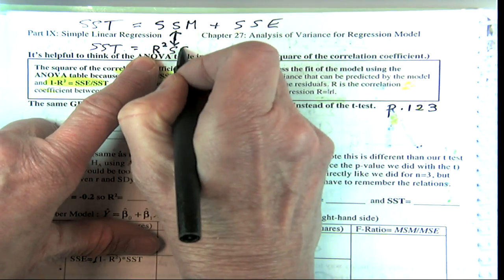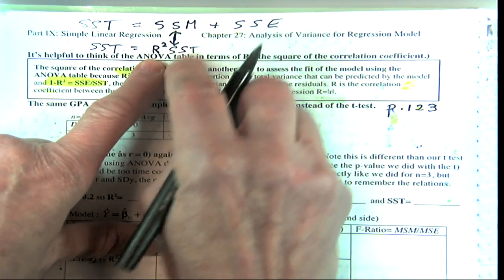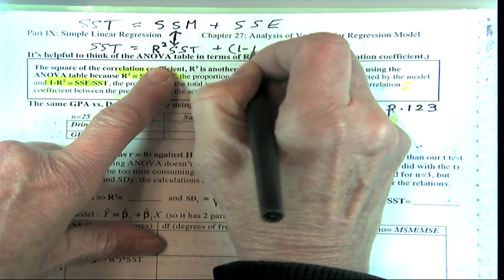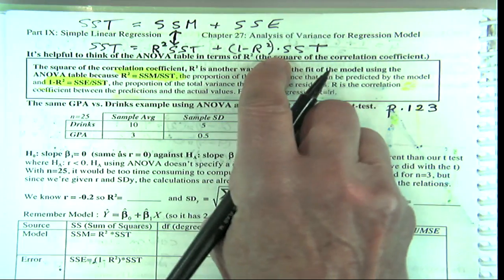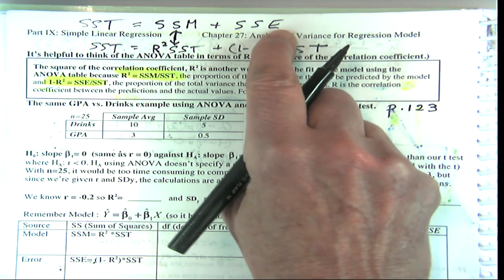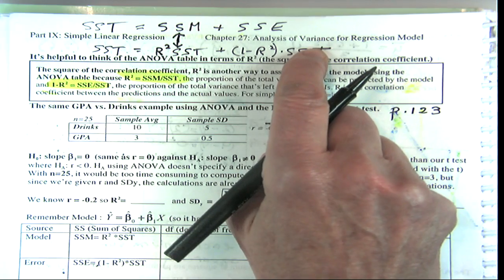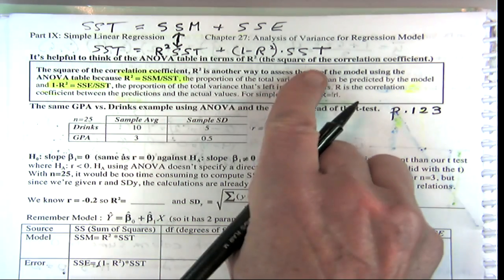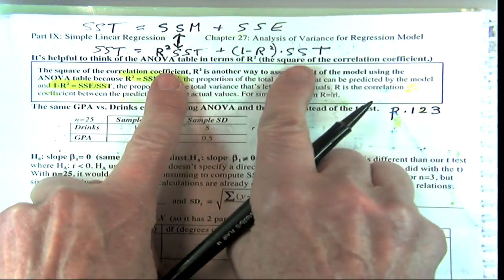R squared times SST is the part that's explained by our model, plus 1 minus R squared times SST is the part that is explained by our errors. Remember, if we took the square root of that, we'd get the square root of 1 minus r squared times, and then divide through by n by the standard deviation of the y's. This is all we're doing. It's what we've had before.